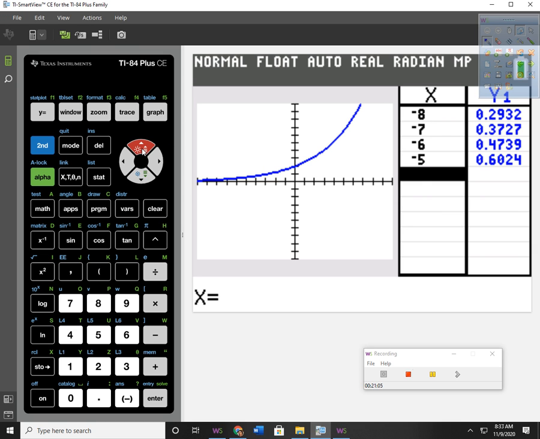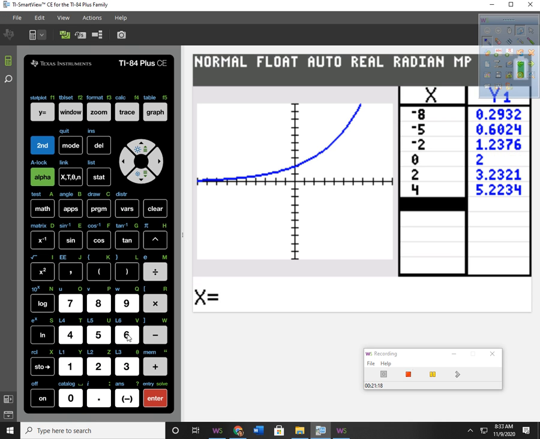So I'm going to do -8, then jump to -5, then -2, then 0, and then maybe 2, 4, 6, 8. Okay, 8's too high up, so I might want to do 7. Let's see. Okay, we could do 7. So I think that's what I'm going to do.